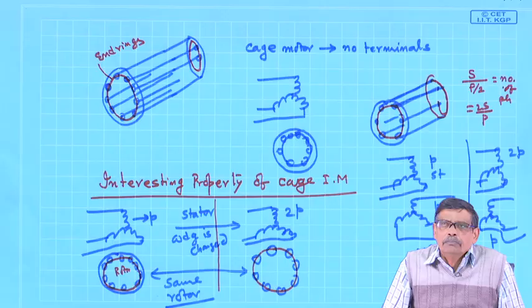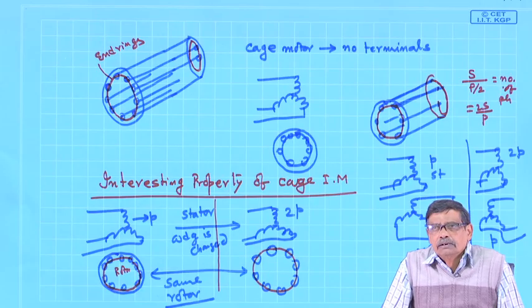If it is an 8-pole machine, similarly I can calculate the synchronous speed, and the machine is going to run close to that, but below that.